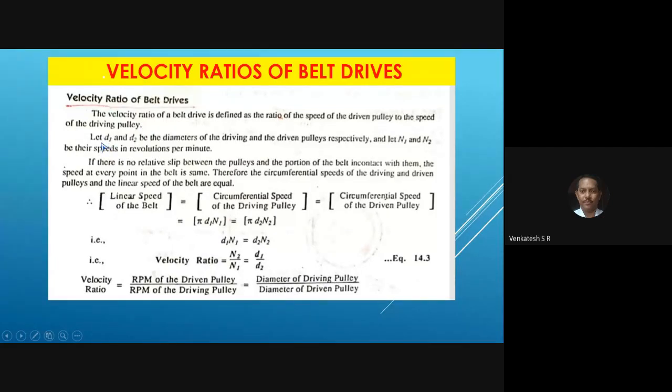Next line, next paragraph. Let D1 and D2 be the diameters of the driving and the driven pulleys respectively.